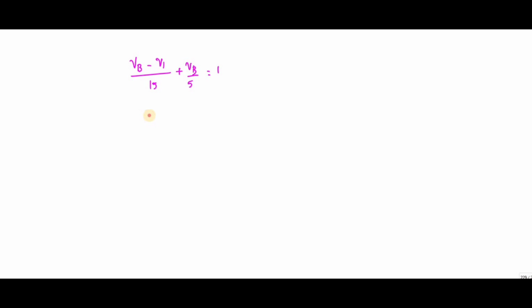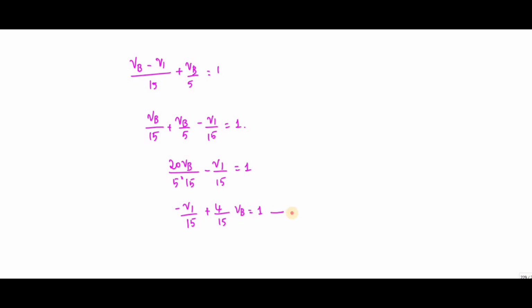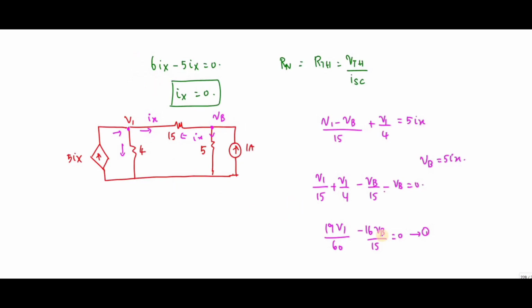So VB by 15 plus VB by 5 minus V1 by 15 is equal to 1. So this is minus V1 by 15 plus 4 by 15 VB is equal to 1. This is your second equation, and this is your first equation.